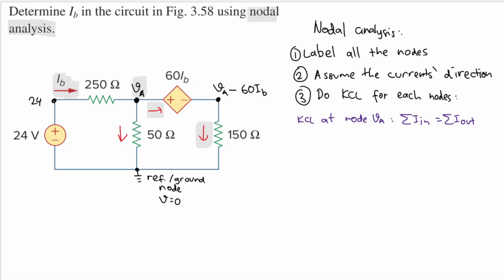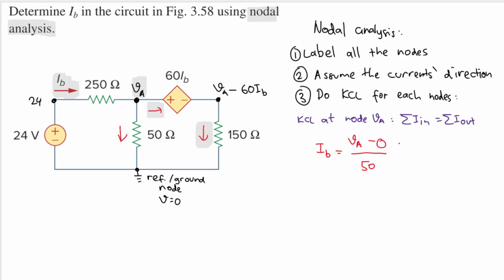So we'll have IB, and that will equal this current here. Here we will have VA, where the current comes from, minus 0 because the current goes to the ground. But we need current, so we divide by the resistance between them, which is 50.